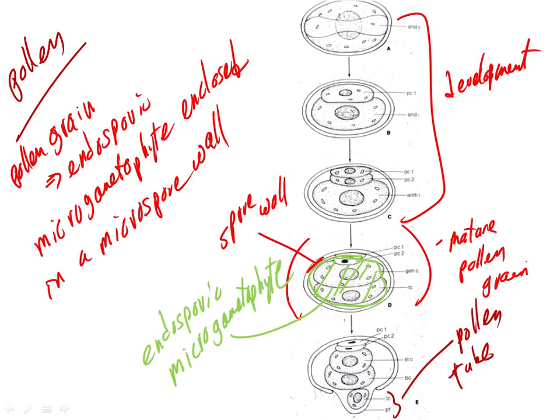So the pollen tube is a sperm delivery device. We'll talk more about that as we get into how these seeds and pollen grains function. But for right now, there's the mature pollen grain, which is the endosporic microgametophyte enclosed in that microspore wall. After it's shed, it is going to grow outside of that through the production of a tube, a pollen tube, and that's going to deliver the sperm.